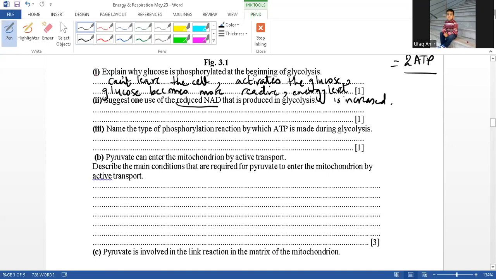It provides hydrogen protons, and at the end it is used for redox reaction, meaning it itself is oxidized at the end and it reduces other things.